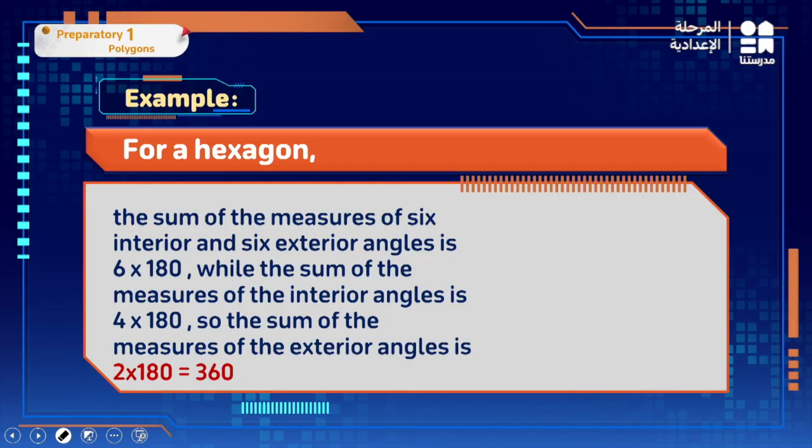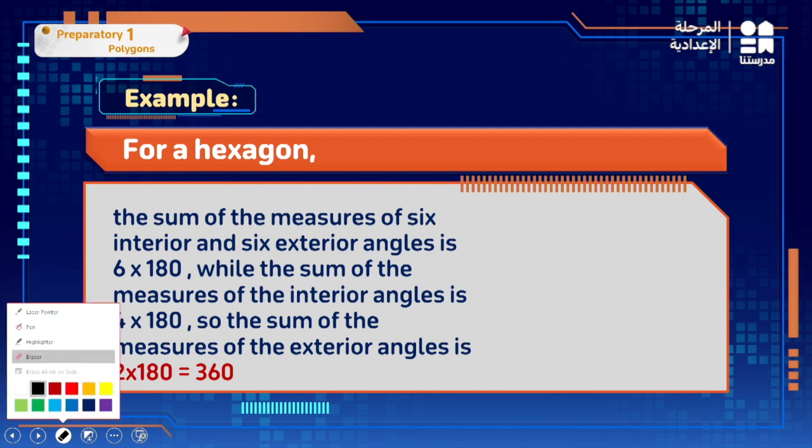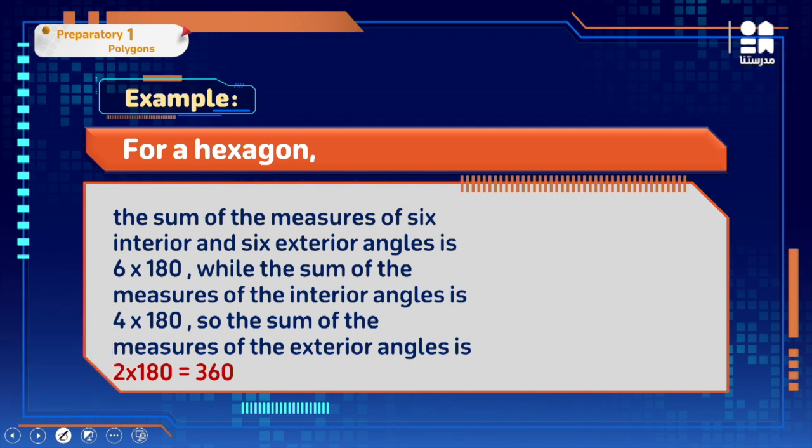While the sum of the measures of the interior angles is 4 times 180. Why 4? Because the hexagon has 6 sides, and for the interior we have to subtract 2. So 6 minus 2 is 4 times 180.